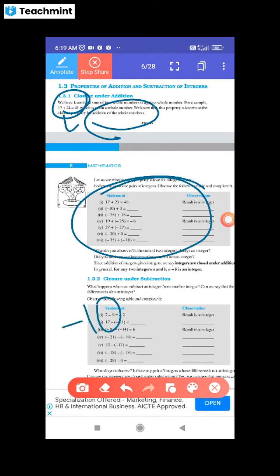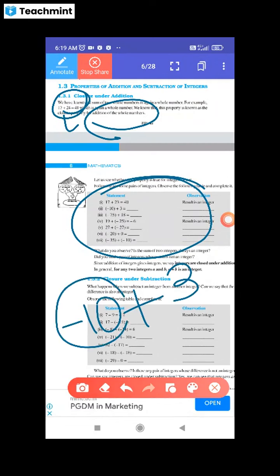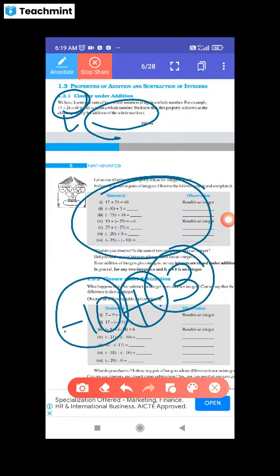So minus 10 is an integer and 3 is also an integer. After adding these two, here both have different signs. Then what do we have to do? Ma'am, subtract. Very good. Subtraction. So 10 minus 3, how much? 7.